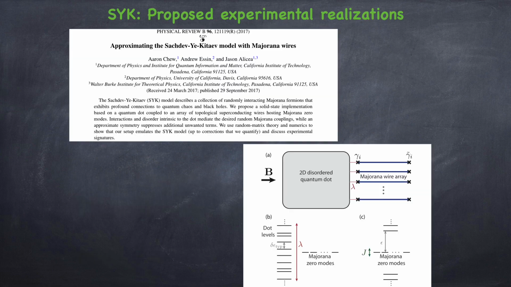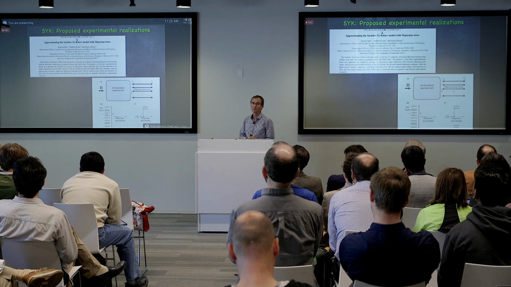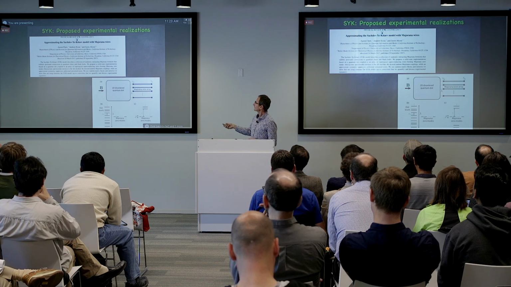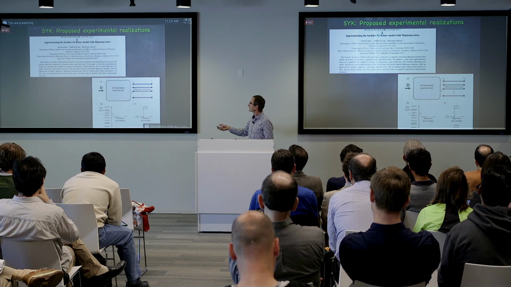And I jumped straight to proposed physical realizations. There are a few of them on the market these days. A very nice one was given by Jason Alicea's group at Caltech, who took the most developed platform which has Majorana zero modes, these semiconductor quantum wires, and proposed a scheme where you take N such wires, each having one Majorana at each end.